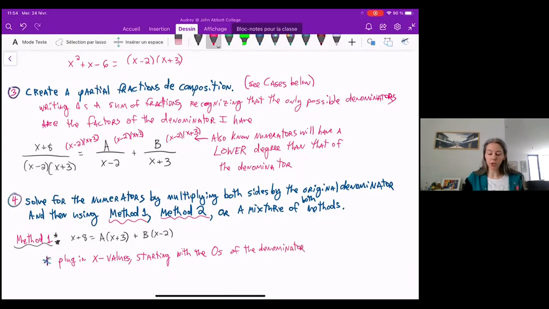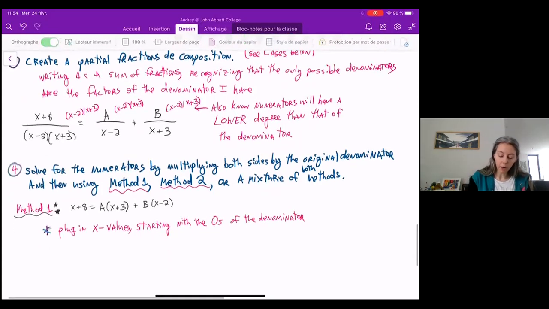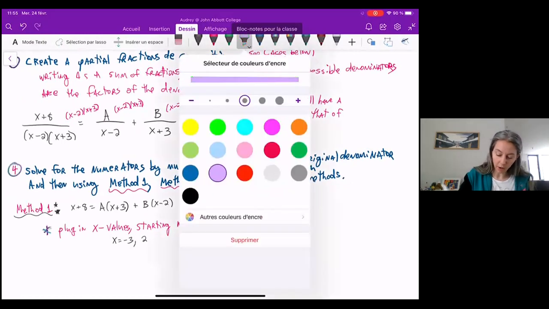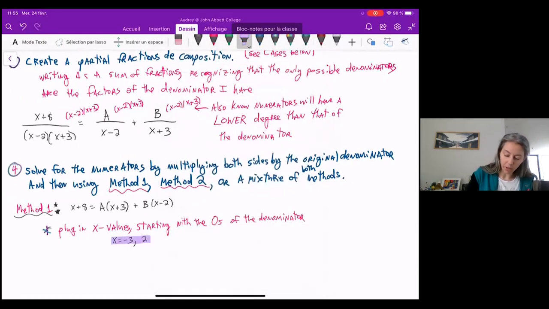So in this case, we're going to start by finding the zeros of the denominator. When I plug in -3, I get 0. And when I plug in +2, I get 0. So these are the zeros of my denominator, so these are the values that I'm going to plug in.